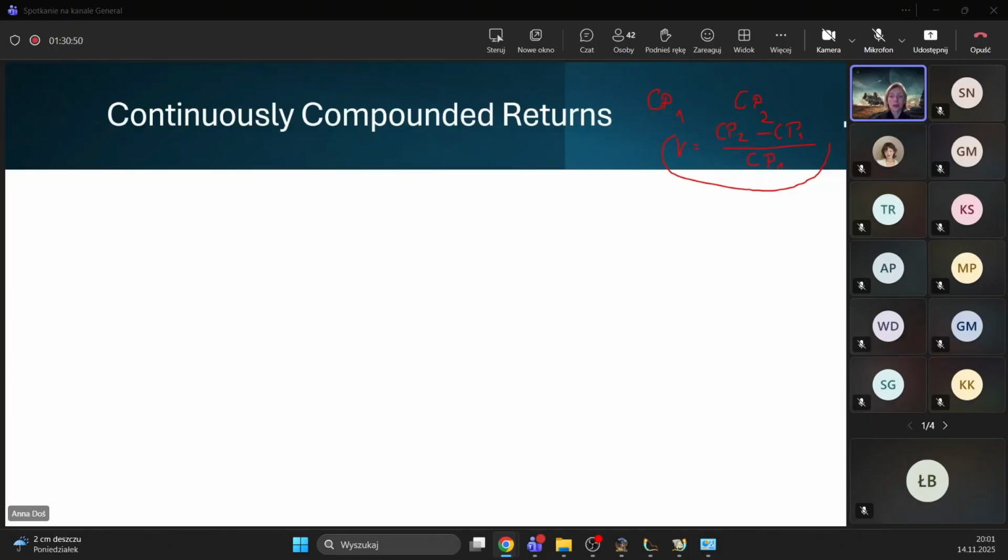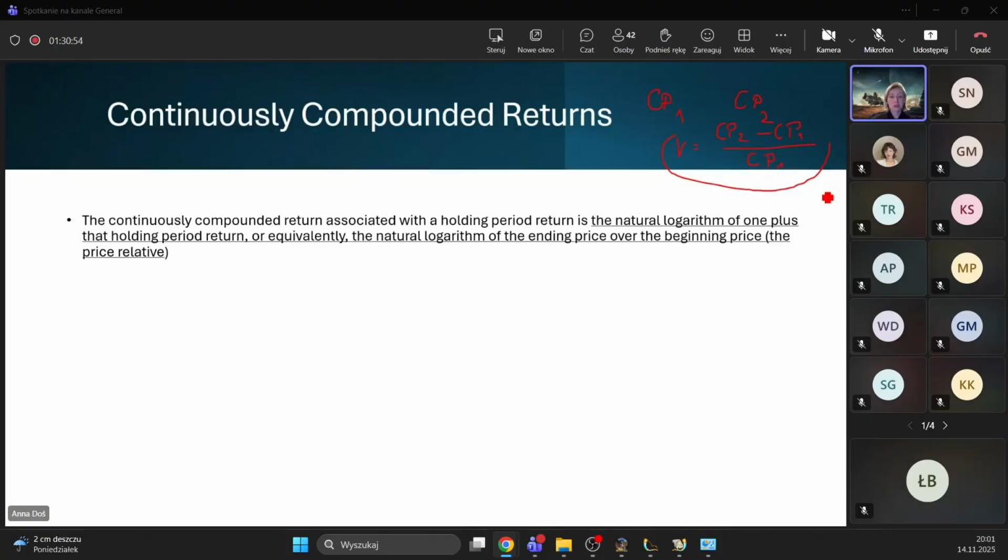Instead of calculating simple returns, they calculate logarithmic returns. These logarithmic returns again assume continuous compounding. Is it especially important for stock? Because the value of stock changes continuously, in microseconds, right?